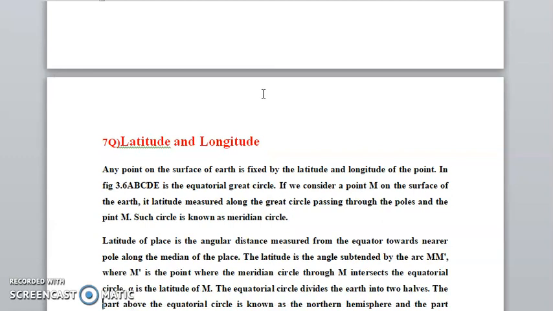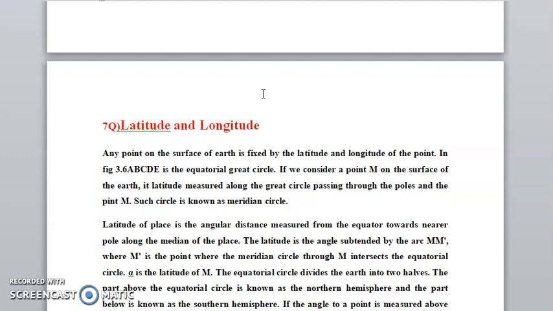Alpha is the latitude of M. The equatorial circle divides the earth into two halves. The part above the equatorial circle is called the northern hemisphere.